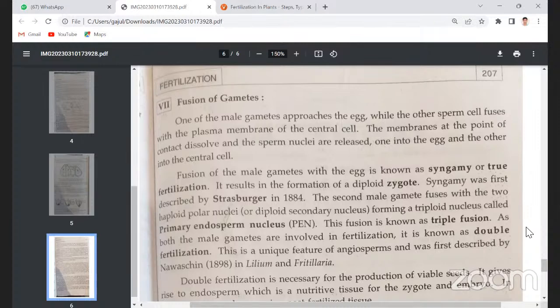It is very important because, for the production of viable seeds, it gives rise to endosperm, which is the nutritive tissue for the zygote and embryo. In angiosperms, the endosperm is a post-fertilization tissue.